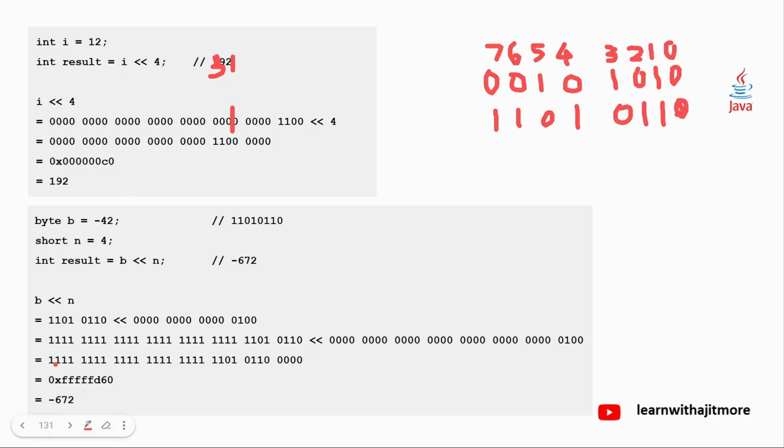Check again. I gave a hint also. Yesterday also I told you, how do you recognize whether we are supposed to directly convert to decimal or first take 2's complement and then convert to decimal?